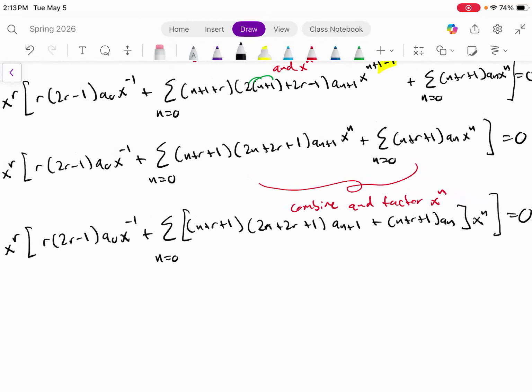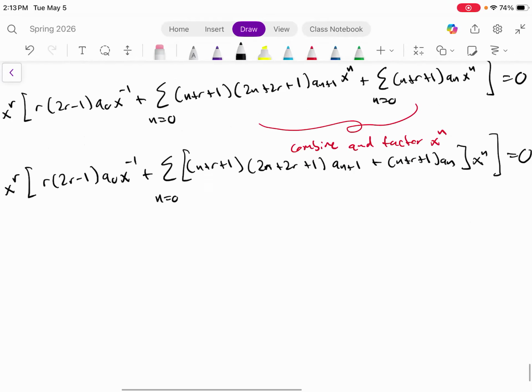Okay, so we've all combined these to one power series. And all this means now is that this implies that the first term, when n equals 0, r times 2r minus 1, a naught, equals 0.